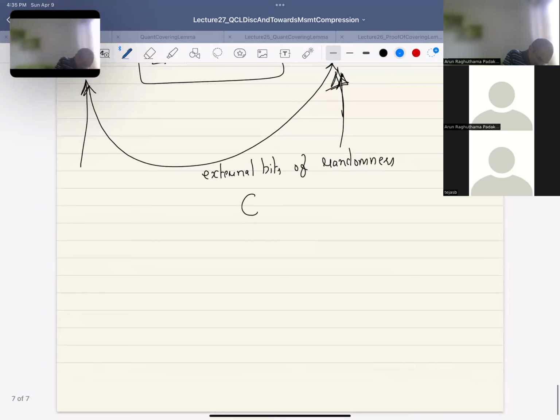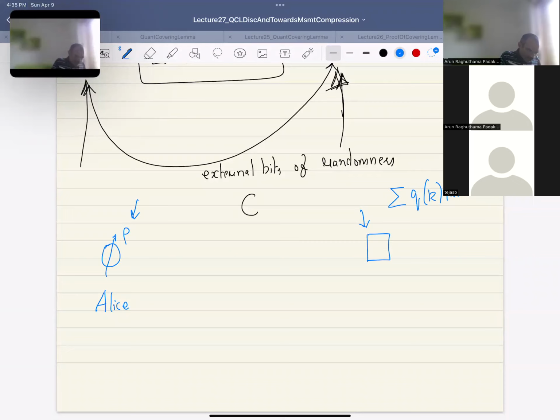So Alice is sitting here. She has the quantum state rho. Bob is sitting here. He has the classical register with him. The pre-measurement is in this state, |K><K| tensor rho. So there is no relationship between the classical register and the quantum register.